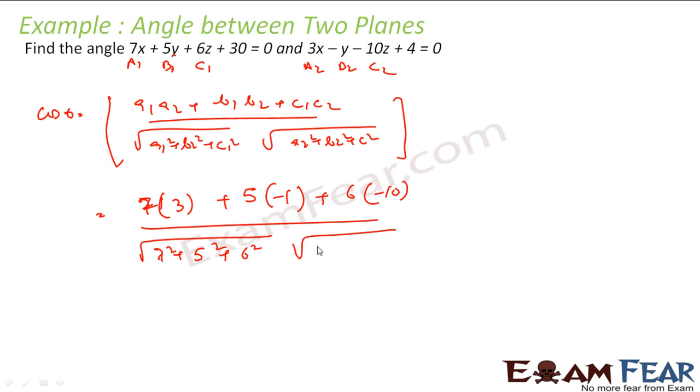A2 square is 3 square, B2 square is minus 1 square, and C2 square minus 10 square. Correct? So this comes out to be 21 minus 5 minus 60, right?